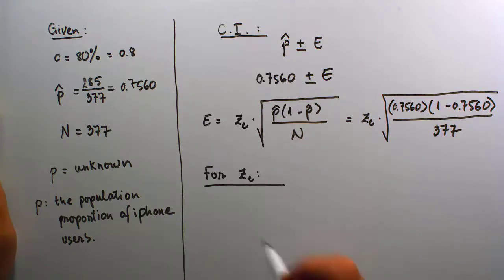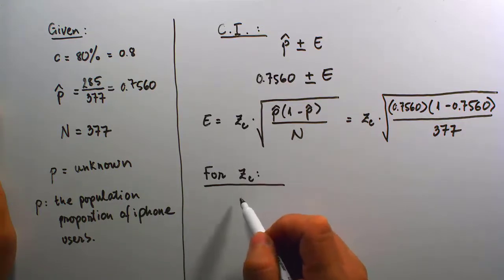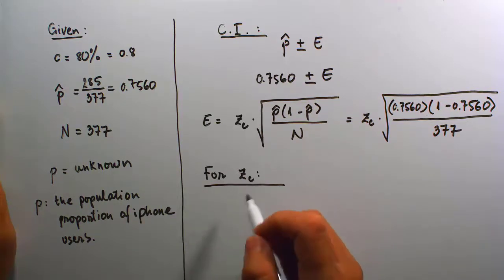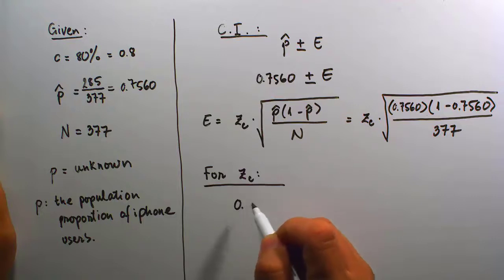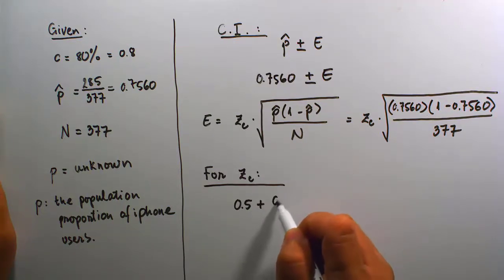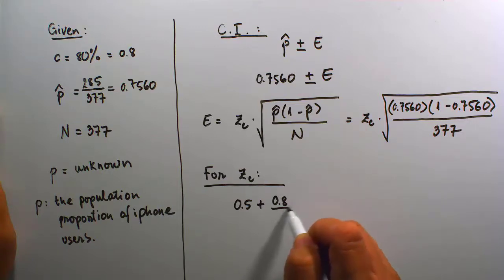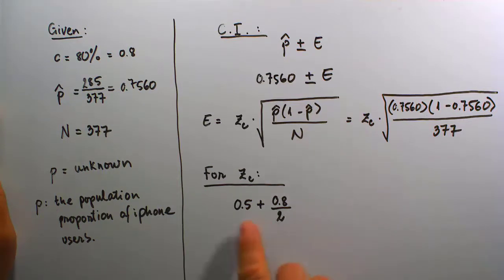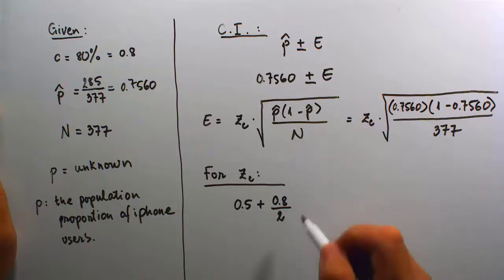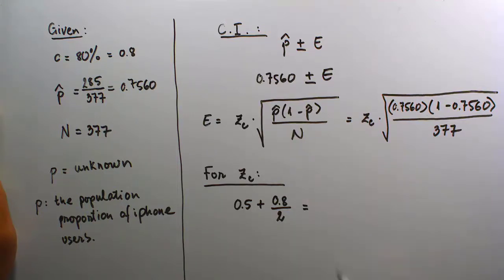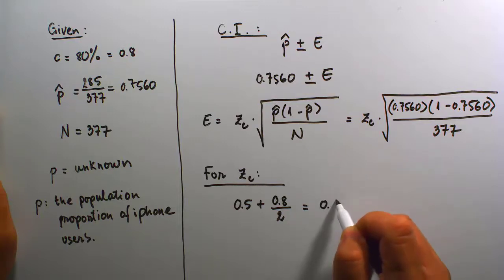So z sub c, after reviewing the video on the complete lecture, here's how we're finding it again. The first step here is 0.5 added with half of our confidence level. So confidence level being 0.8, but we're adding half of that, 0.4. And so this value calculation comes out to be 0.9.